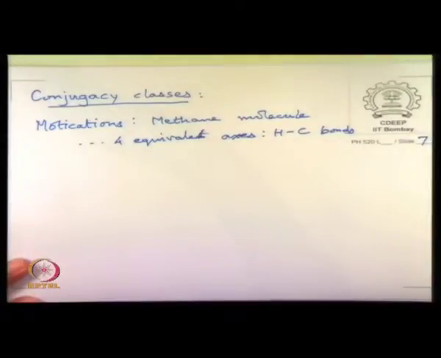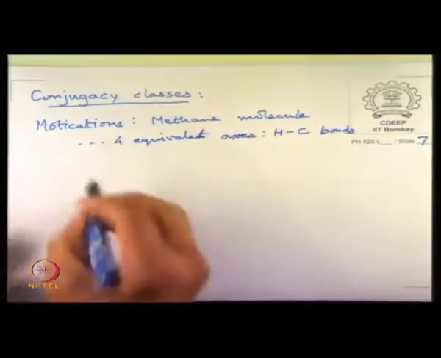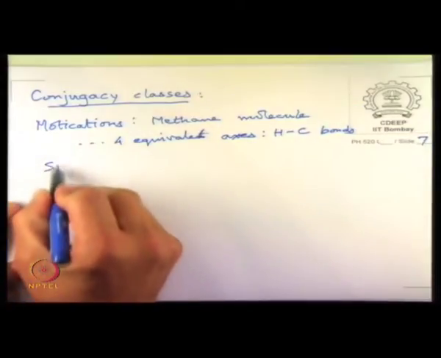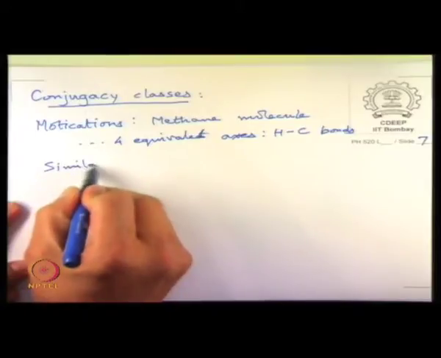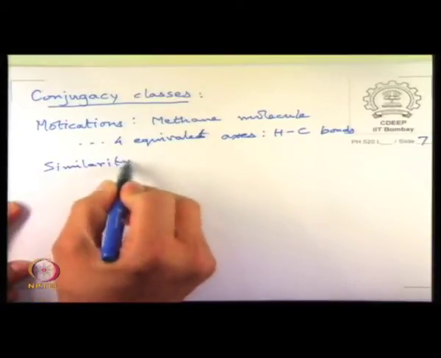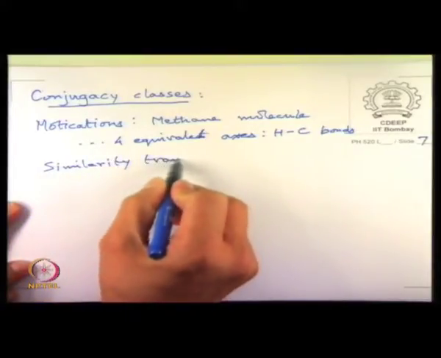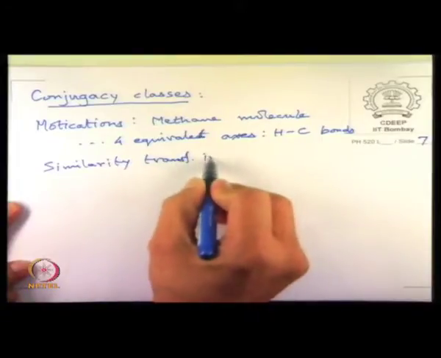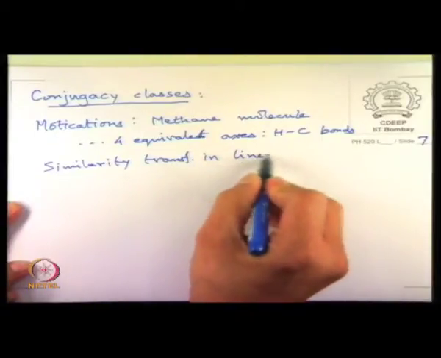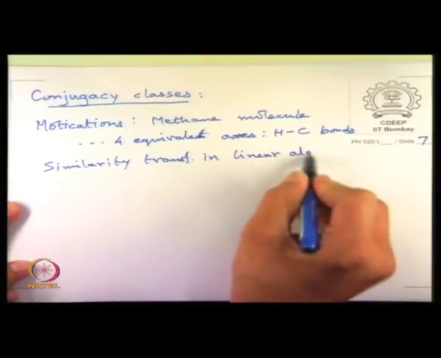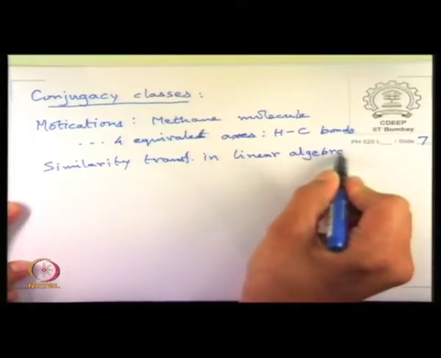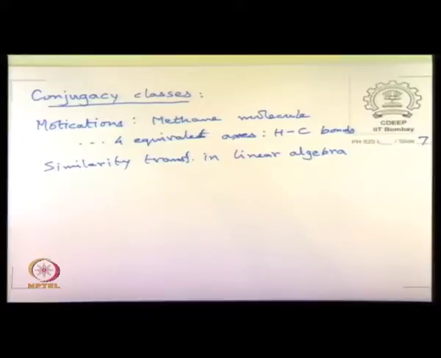The other way of thinking of conjugacy classes is what we call similarity transformation in linear algebra. I apologize a bit here because I am talking almost like a mathematician.